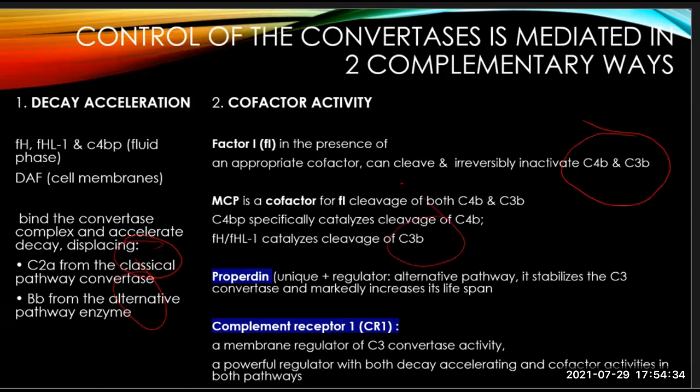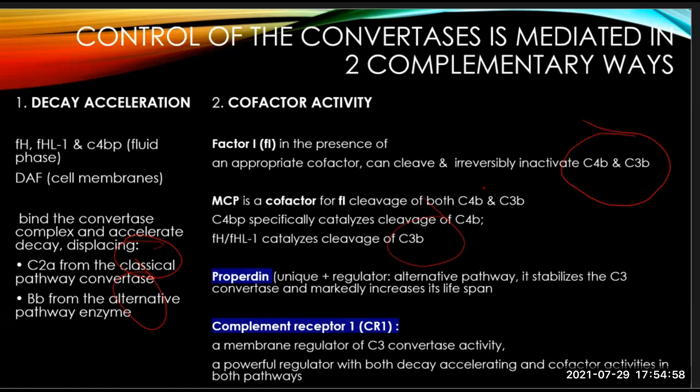A bit difficult to remember, but the main thing you need to know is that these cofactor activities need cofactors to elicit their effects to control the convertases. See, C4b, C3b, cleavage, and that cleavage can lead to control.